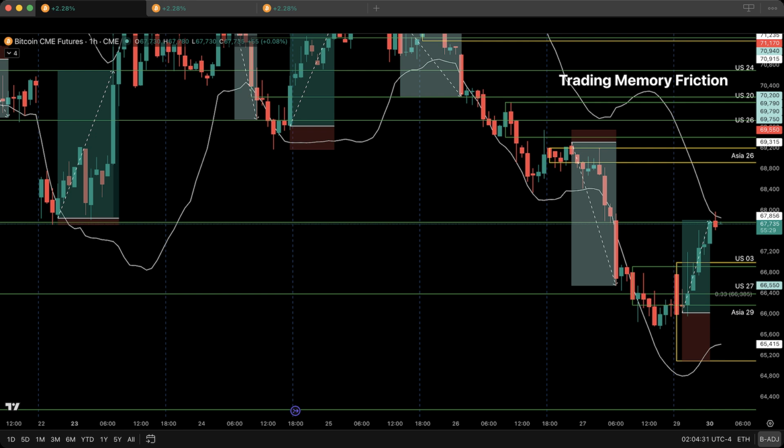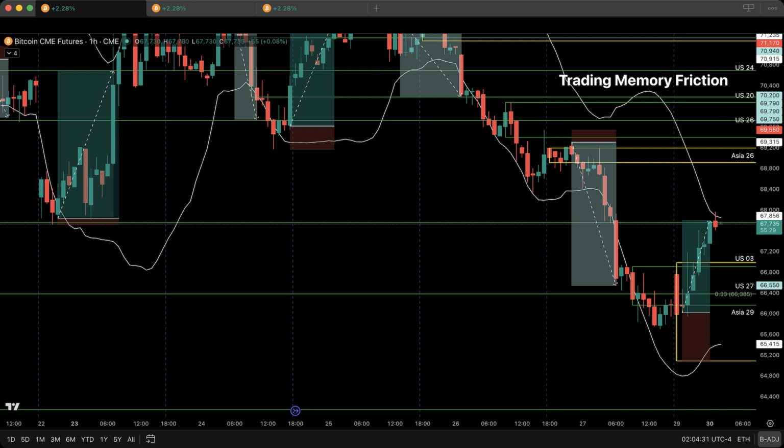But this expansion is different. The previous expansion was downward. This expansion is upward. And that difference matters, because volatility direction reveals intent. This is no longer continuation. This is transition.